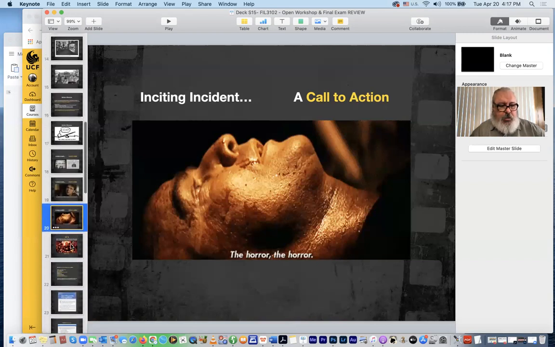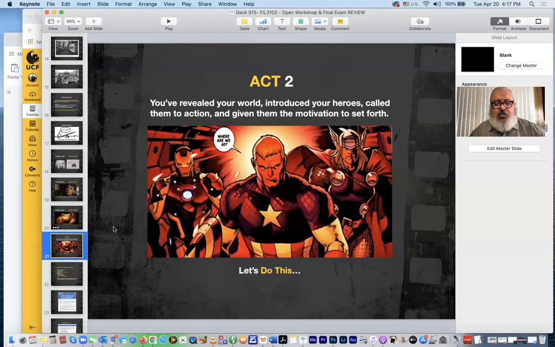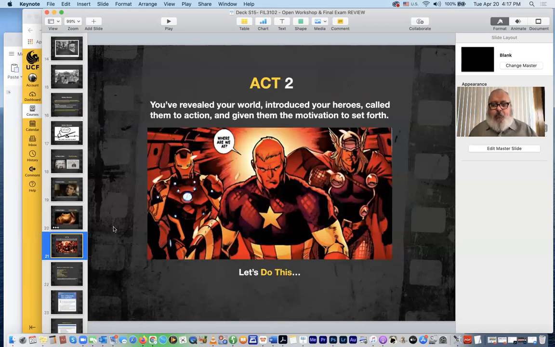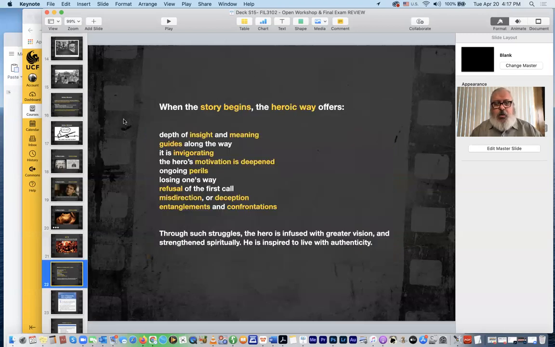So we're talking about Act 2 as a situation that presents the basic conflict of our story that has to be resolved, and our character has to address it within Act Two. So we're talking about when story begins and we adopt the hero's way, we're going to provide insight for our protagonist and derive meaning.